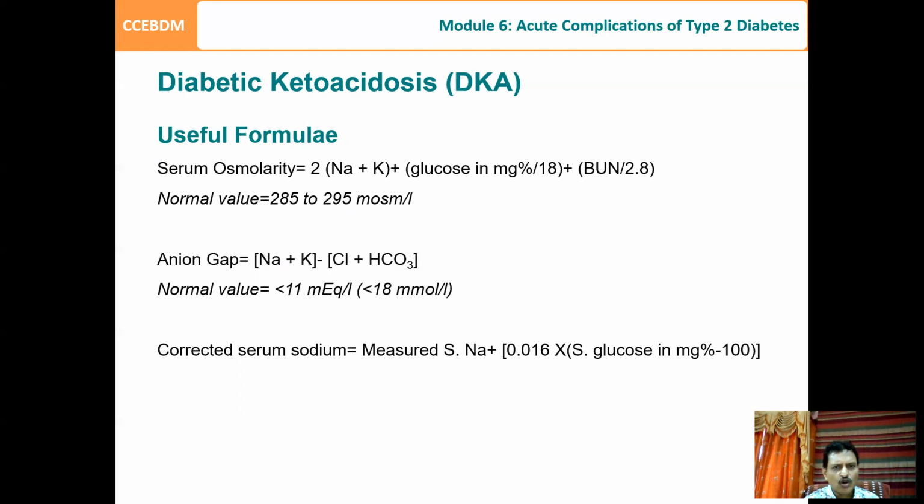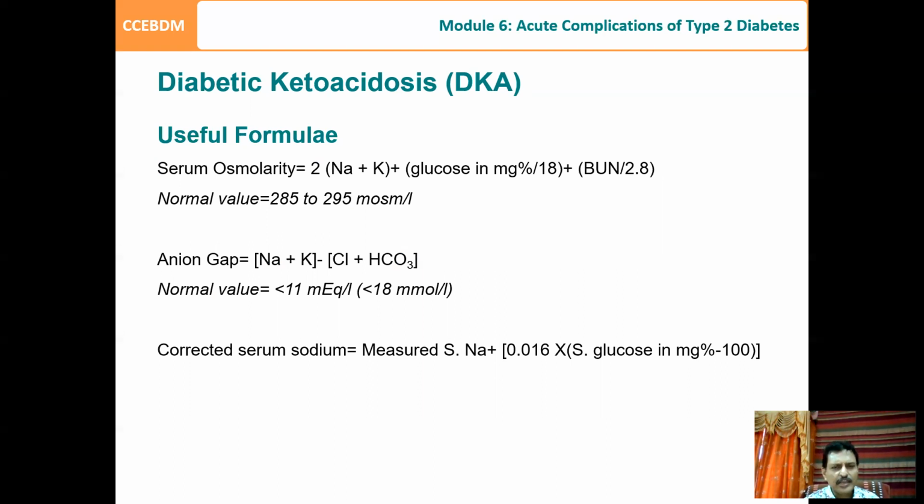Normal osmolarity is between 285 to 295, and this osmolarity is very tightly managed by the homeostatic system of our body. In diabetic ketoacidosis, in most situations the osmolarity goes up, mostly because of the rise in the blood glucose level and also, in some situations, because of the rise in blood urea nitrogen.